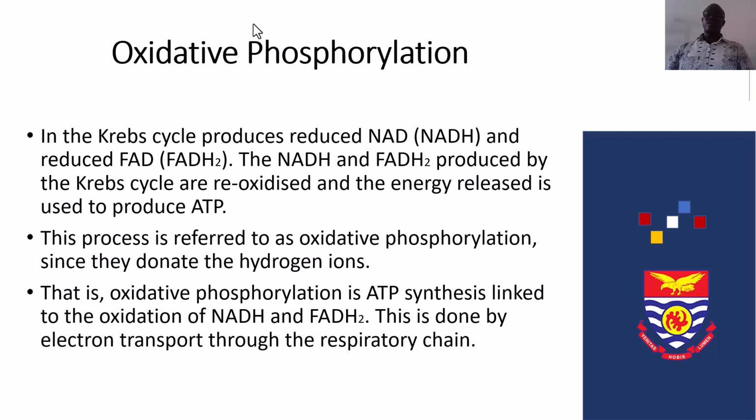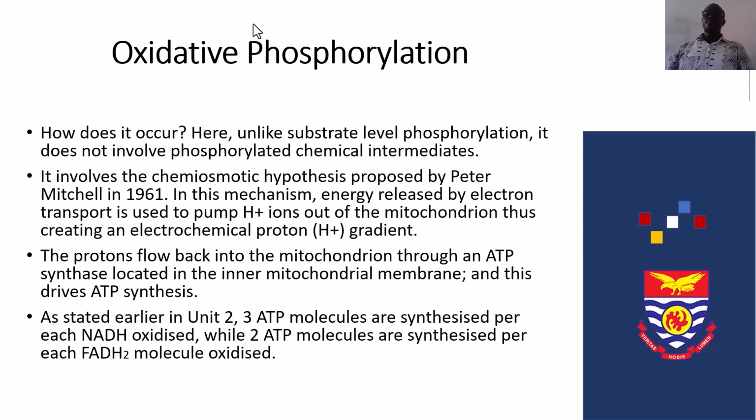This process is referred to as oxidative phosphorylation since they donate the hydrogen ions. That is, oxidative phosphorylation is ATP synthesis linked to the oxidation of NADH and FADH2. This is done by electron transport through the respiratory chain.